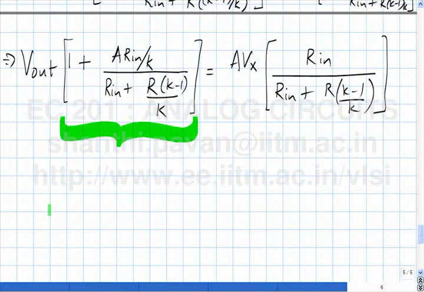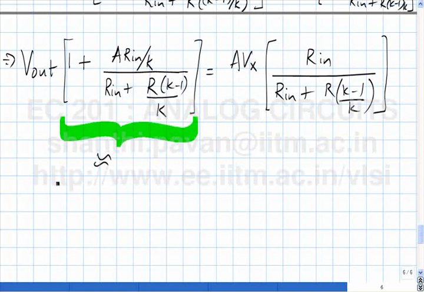How can I simplify this? Approximately equal to... A is very large, okay, so you can neglect the 1 in comparison with A Rn by K divided by blah blah blah.